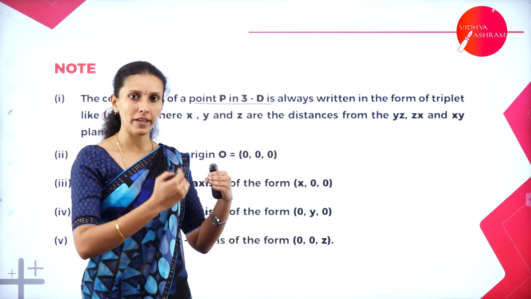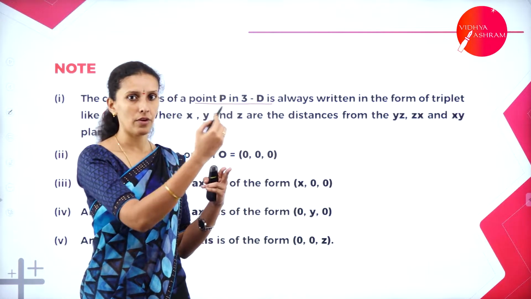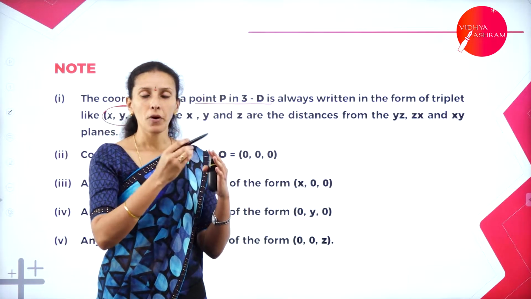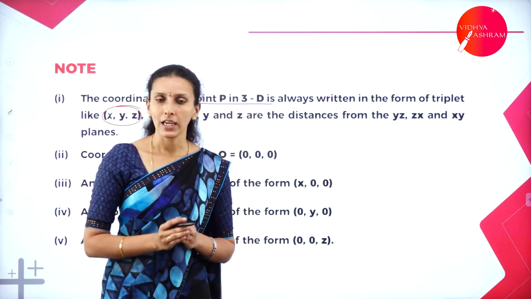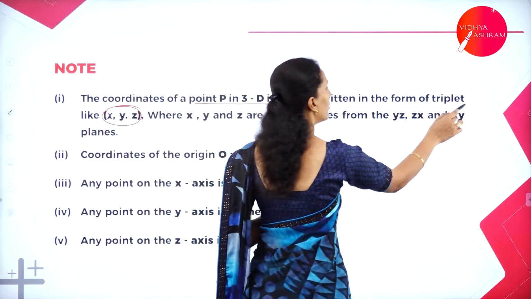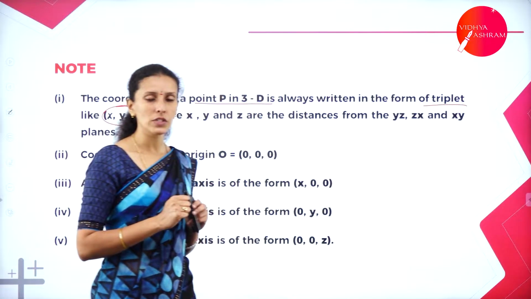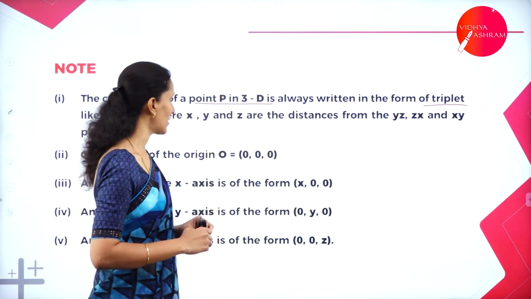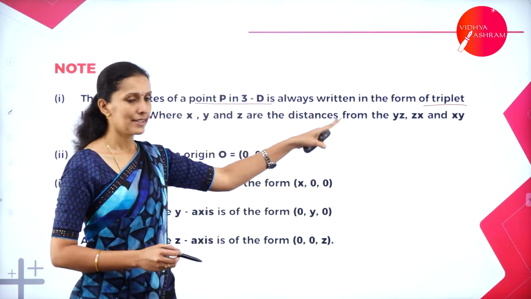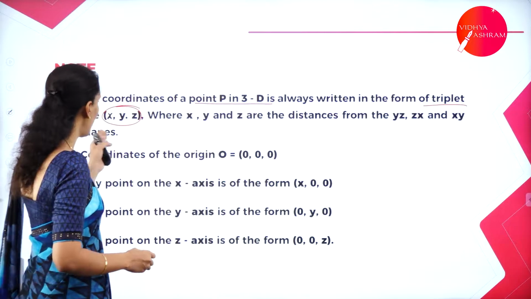First, the distance from the x coordinate; second, the distance from the y coordinate; third, the distance from the z coordinate. Any point P on the coordinate plane in three-dimensional geometry is always written as a triplet with the three values x, y and z. These are nothing but the distances from the yz, zx and xy planes.